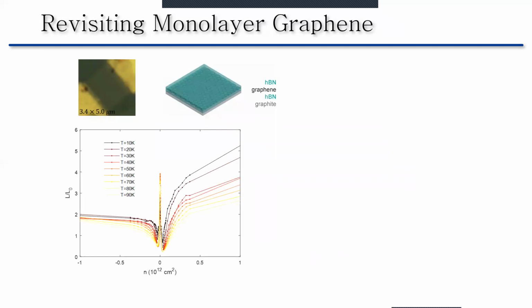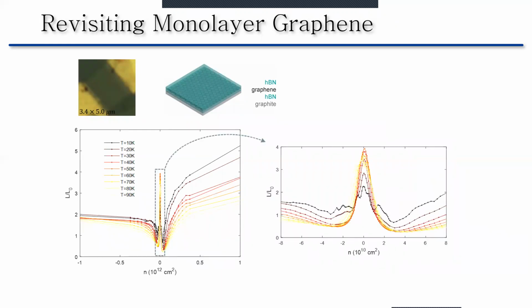So again, near zero density, there's this sharp peak. There's two suppressions happening next to it, and then this uncontrolled rise that's happening at higher density. Since we've already learned that we should be skeptical of this large number at higher density, let's zoom in to the relevant density range, which is over here.